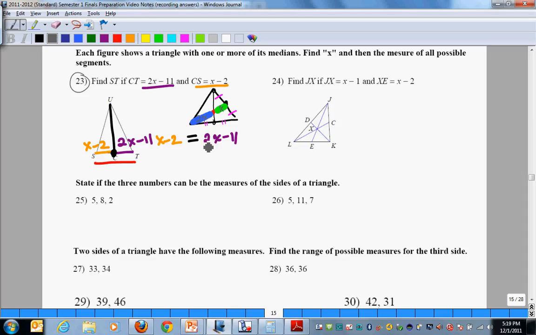We're going to get the x's on one side, so I'm going to minus x, and a plus 11, and these cancel, end up with 9 equals x.